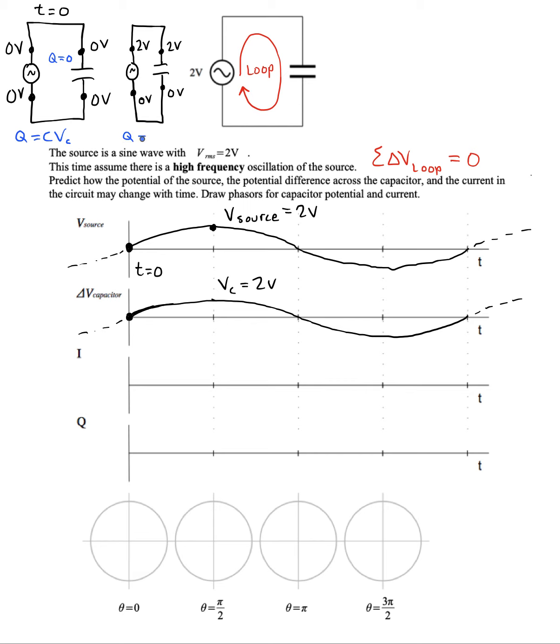But here, when we do have a positive voltage across the capacitor, then we do have charge on the plates. And so the charge is going to have the same shape that the voltage has, and it'll keep going.